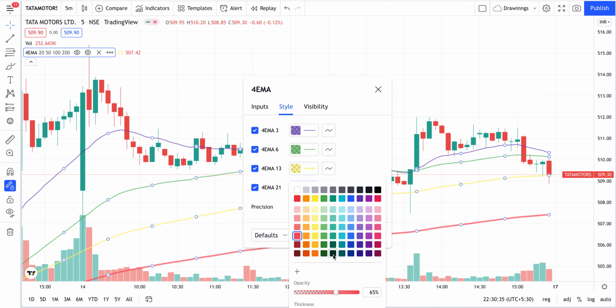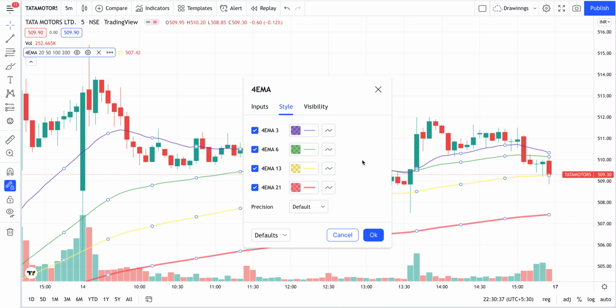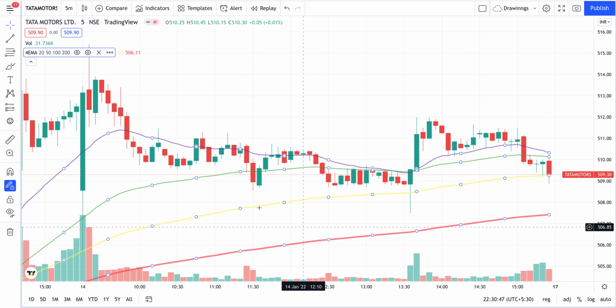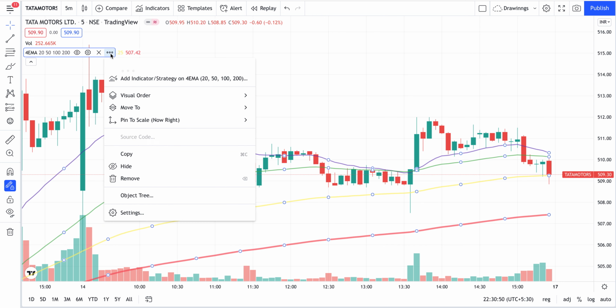I am giving it a little bit thicker than normal. So this is the basic requirement and styling for the exponential moving average. We can also set some alerts for these moving average indicators, and we can also change the directions.